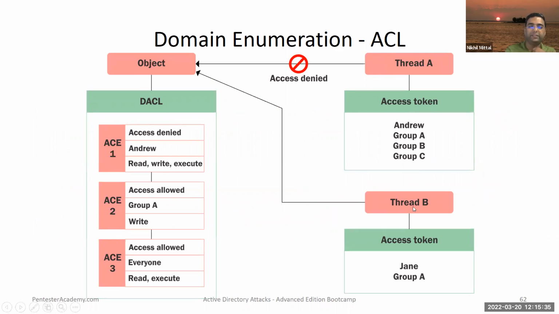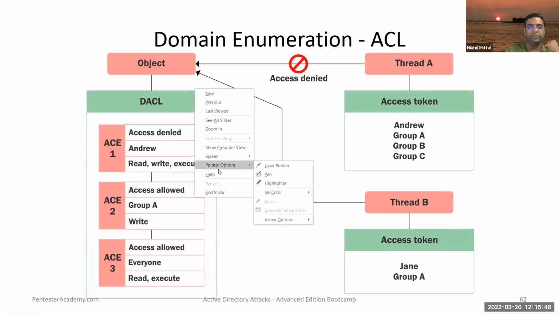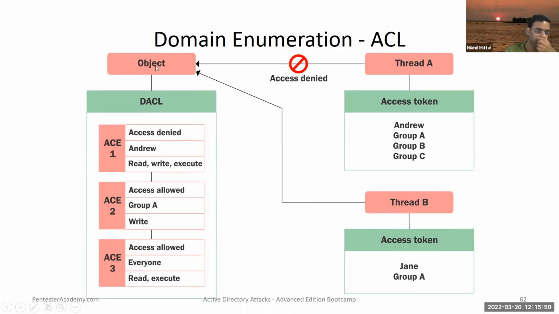Let's say there are two threads, thread A and B. Thread A contains the access token of a user called Andrew and 3 groups. Thread B contains the access token of a user called Jane and group A. Thread A tries to access the object. So the comparison with the DACL starts. The first entry has an explicit access denied for Andrew.